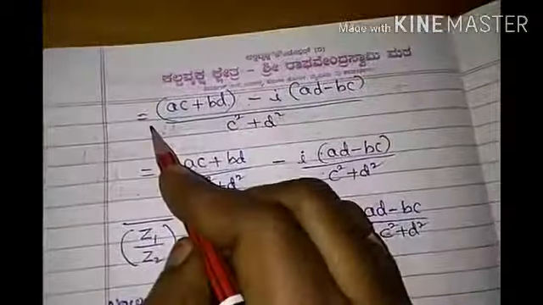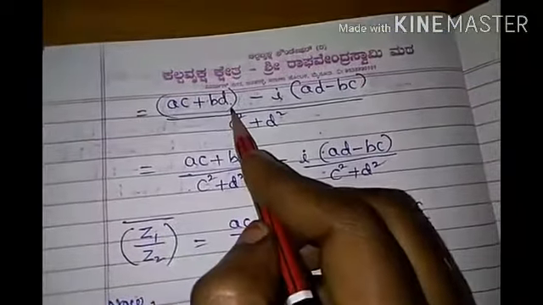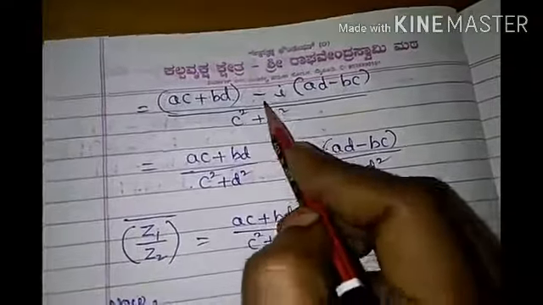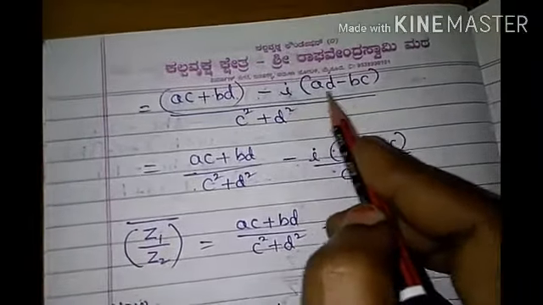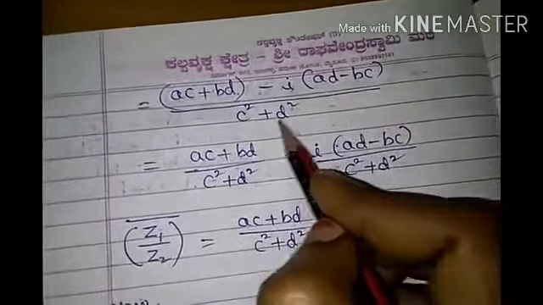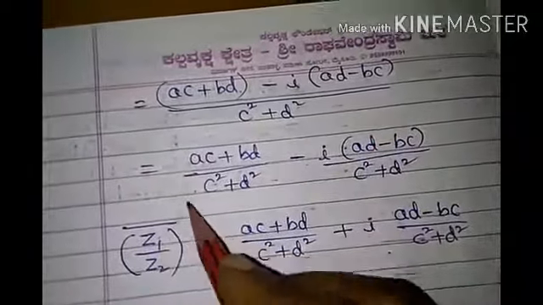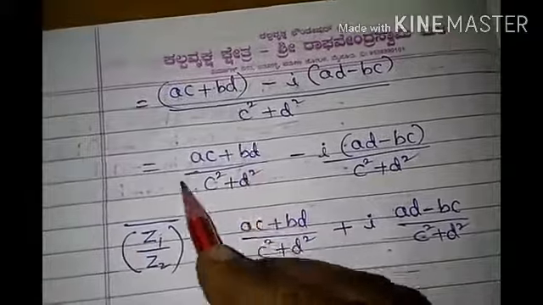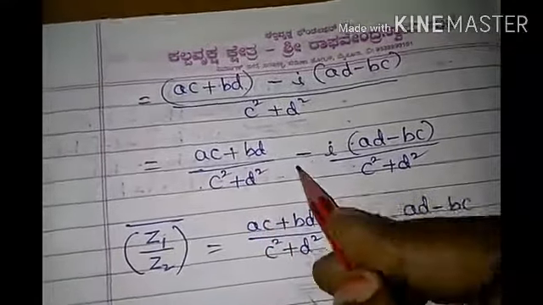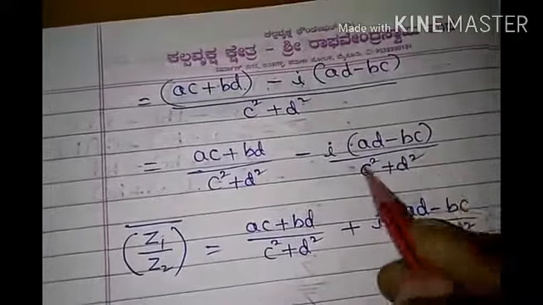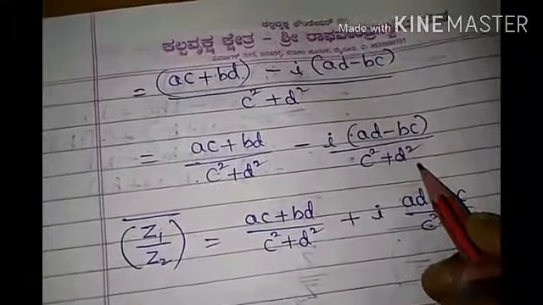Now which is equal to, taking the real parts together, AC plus BD, minus i, which is common, so i into (AD minus BC) by C square plus D square. Dividing the two terms, that is equal to (AC plus BD) by (C square plus D square) minus i into (AD minus BC) by (C square plus D square).